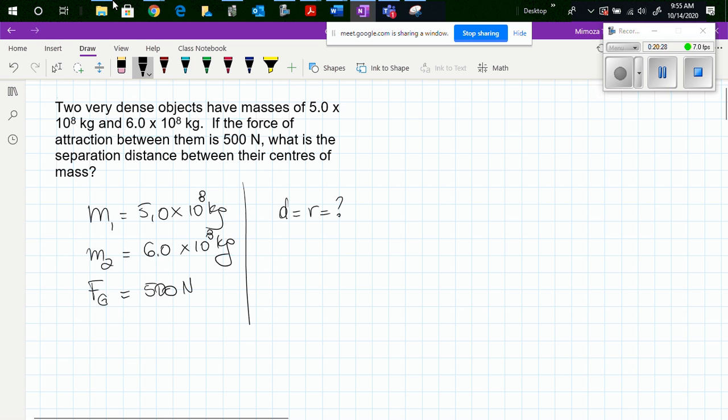If you are going to picture what is happening, you have two objects, object 1 and object 2. The force of gravity that they are experiencing is this one and this one, and they are equal in magnitude, 500 newtons.